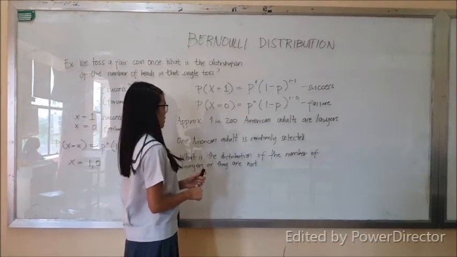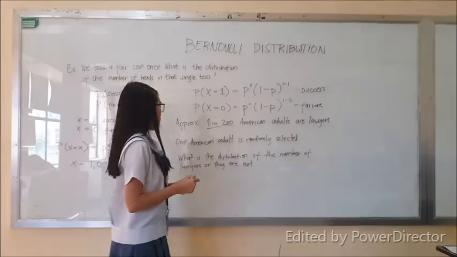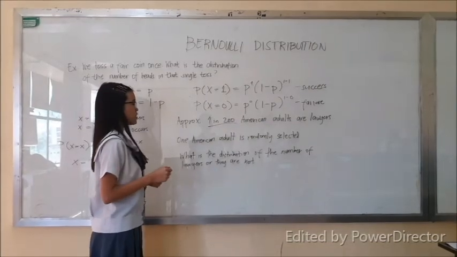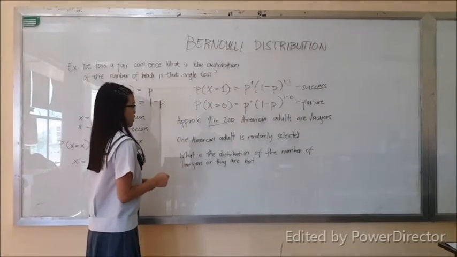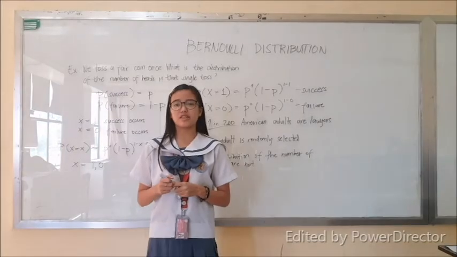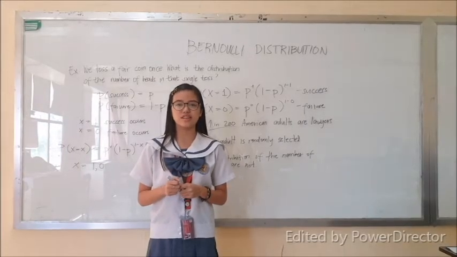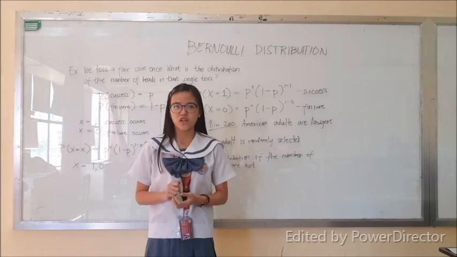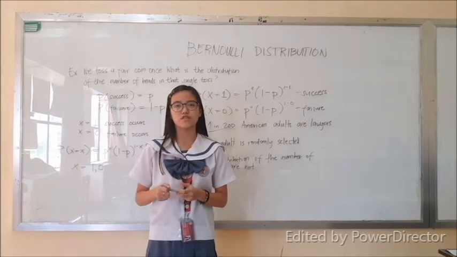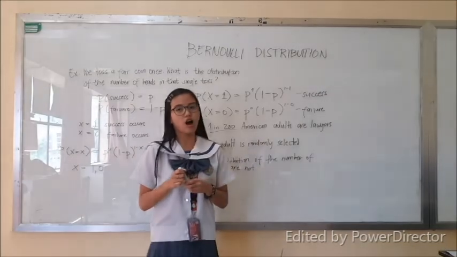One American adult is randomly selected. What is the distribution of the number of lawyers? Here we have a single trial: each person is either a lawyer or not. So the conditions of the Bernoulli distribution are satisfied.